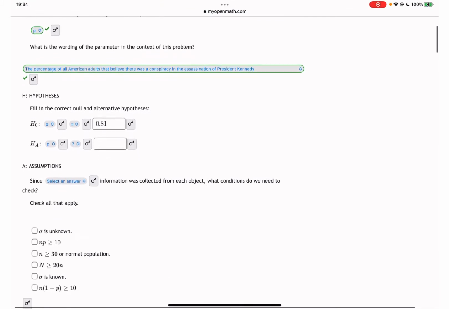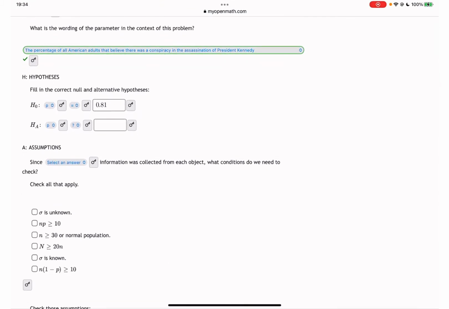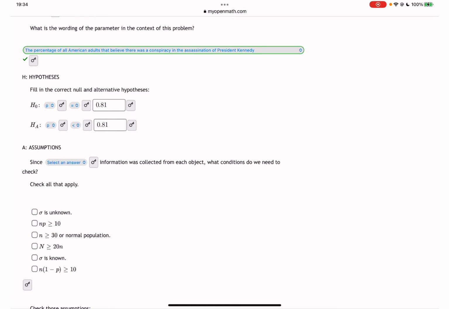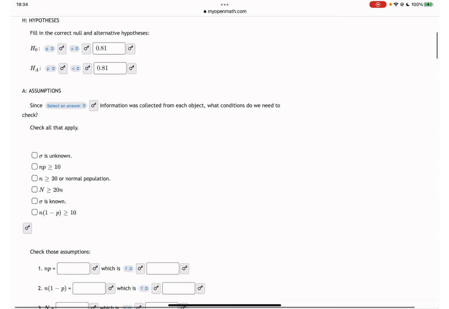Therefore, we are taking less than 0.81. We do a couple of answers, so we check them at once.